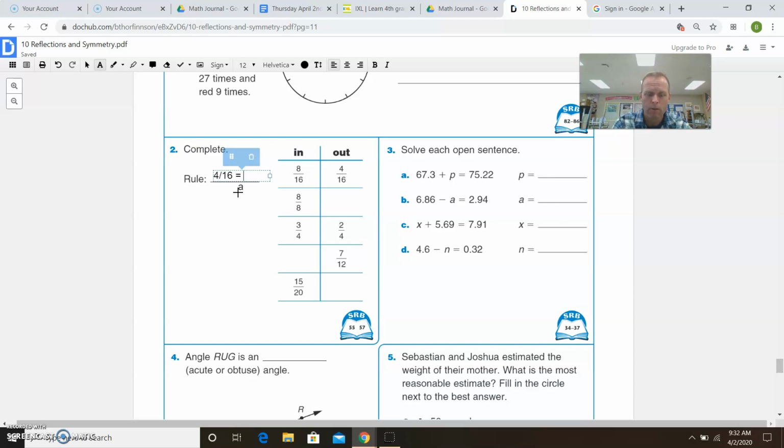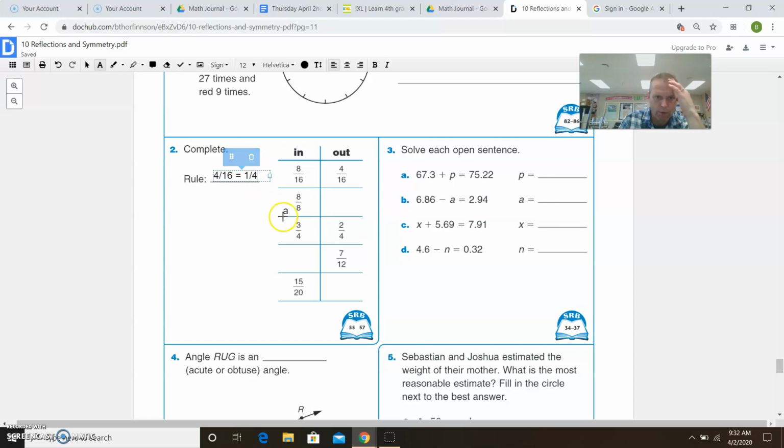So we can take 4/16, divide them both by 4. 4 divided by 4 is 1. 16 divided by 4 is 4, 1/4. Well, let's see if that holds true on this one. 3/4 minus 1/4 would be 2/4. So that's our rule.